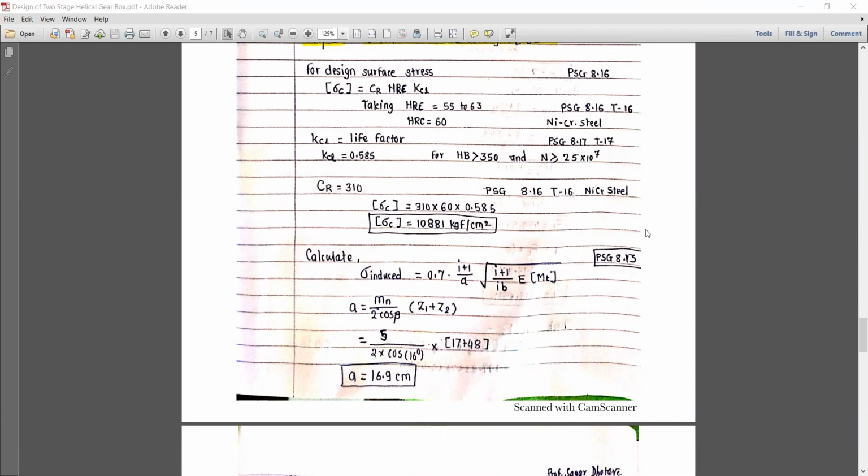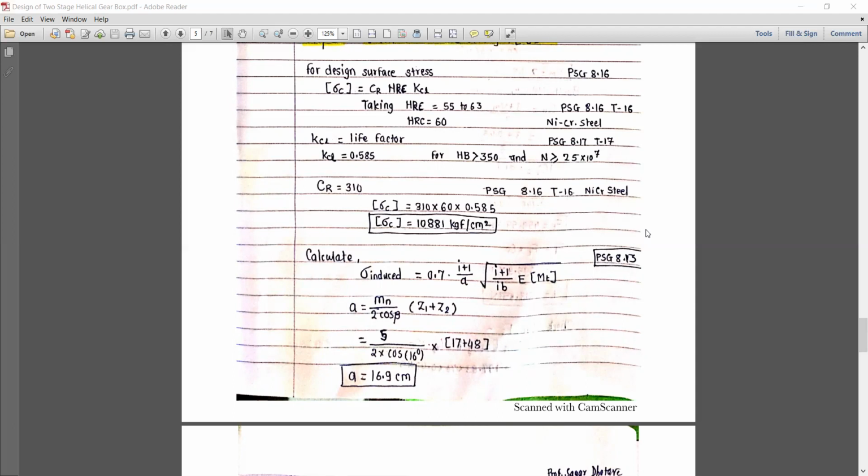sustained or not. Okay, so referring PSG page number 8.13, checking for endurance surface strength or contact strength, then sigma induced, that is the exact stress induced inside the tooth, is equal to 0.7 times (i plus 1) divided by A into square root of (i plus 1) divided by i into b into Young's modulus into design torque.